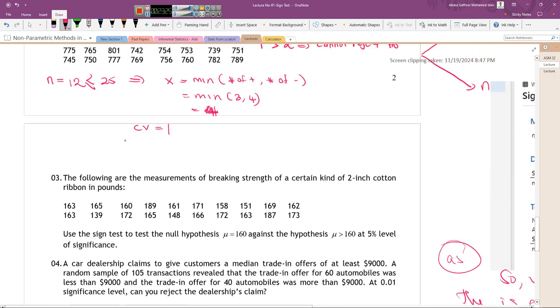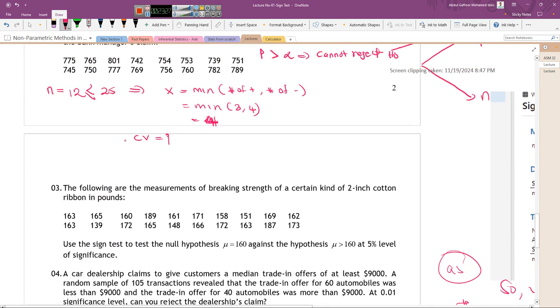Now since 4, our test statistic, is greater than the critical value, we cannot reject H naught.